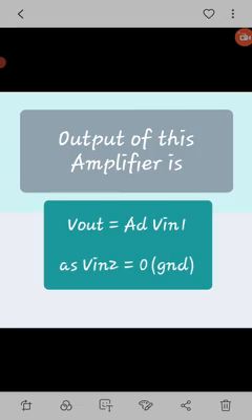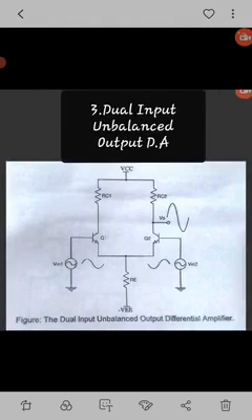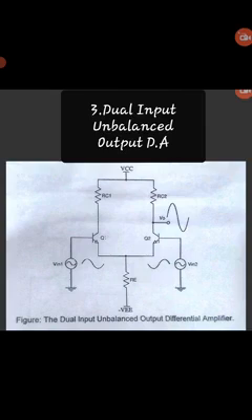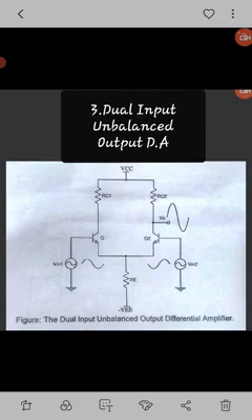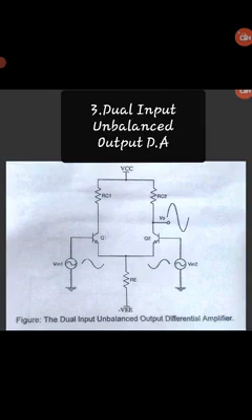Then the next, third type of the differential amplifier is the dual input unbalanced output differential amplifier. In that, both inputs are given, that is differential input, but the output is taken from only one of the two collectors with respect to ground, as shown in the figure.